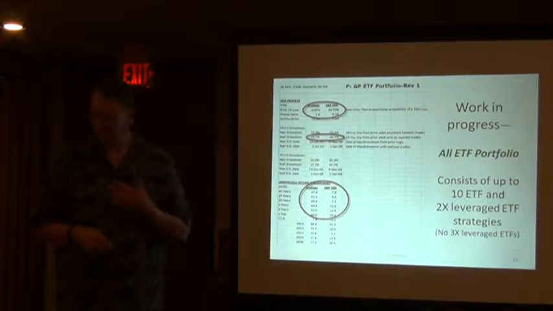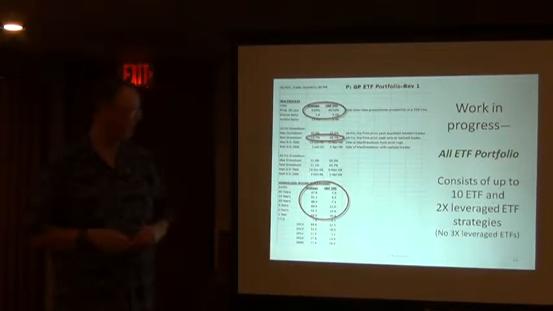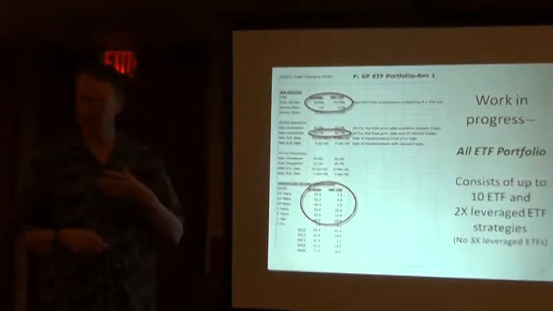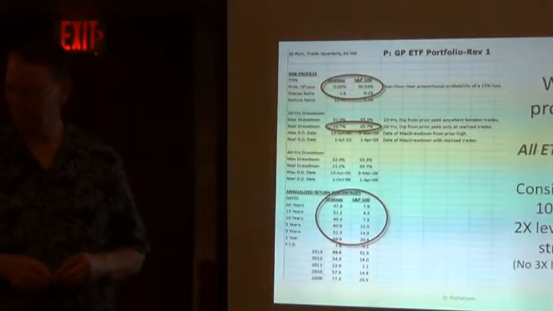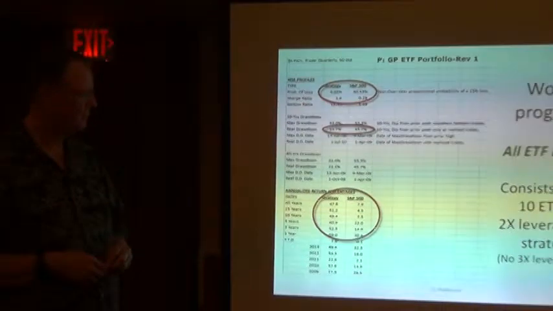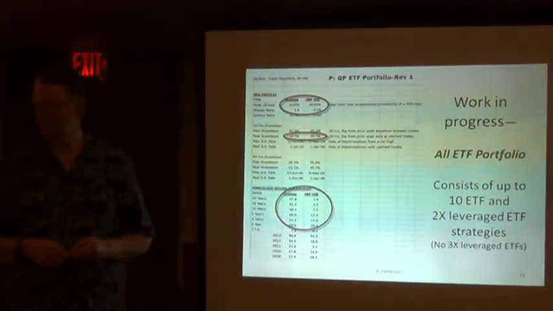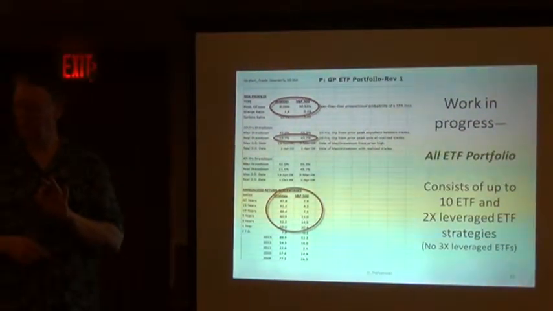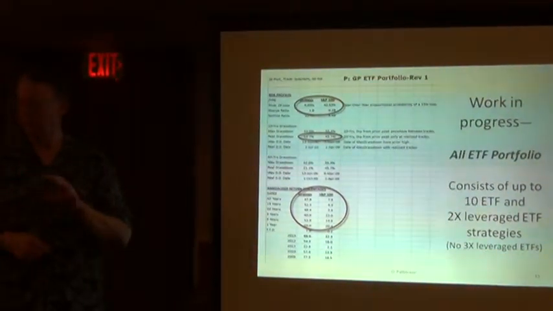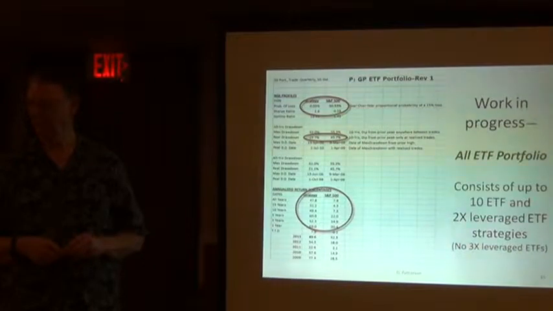First of all, they all have high volume, so they've got fairly tight bid-ask spreads. I used Scott Judd's recommended figure of merit of using a $20 million trading volume on each one of these.